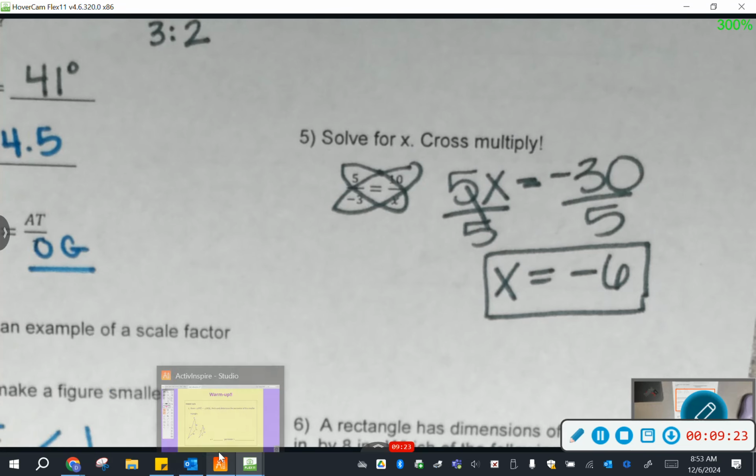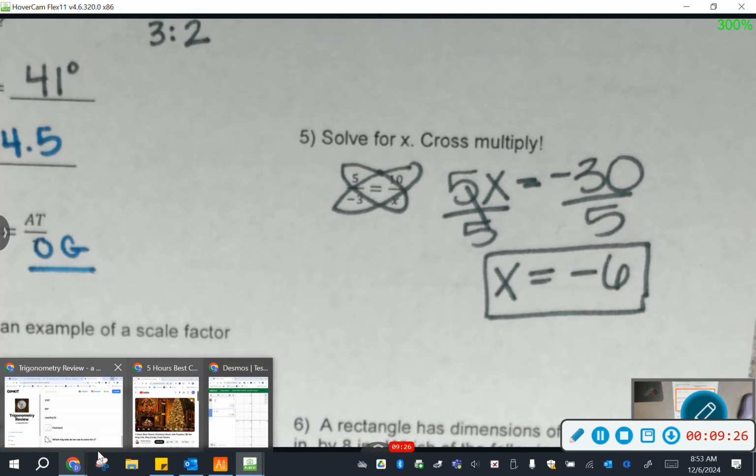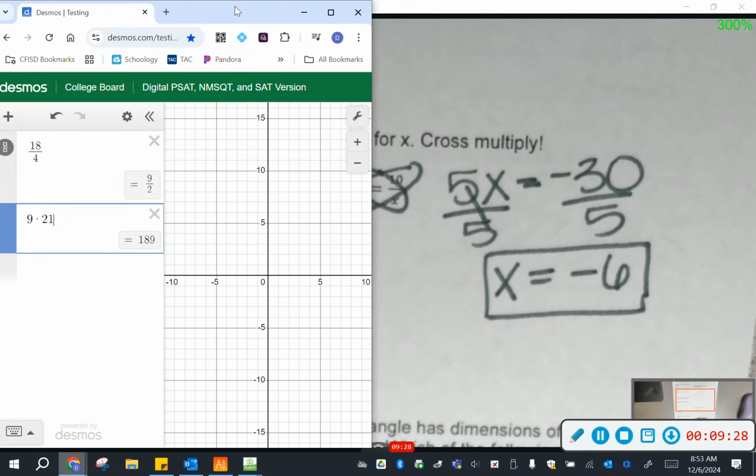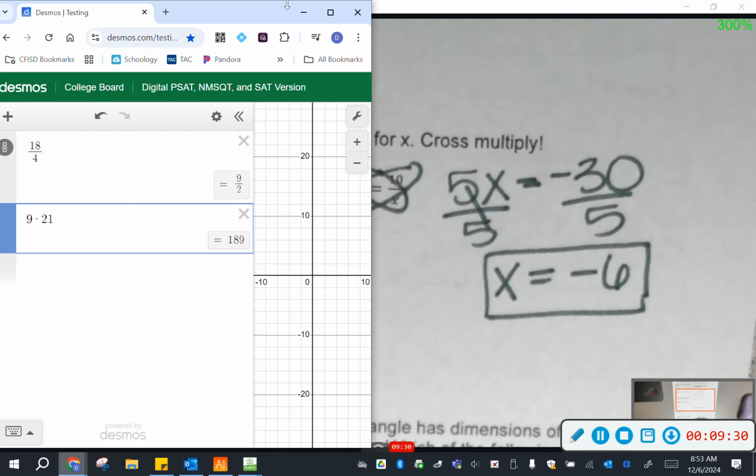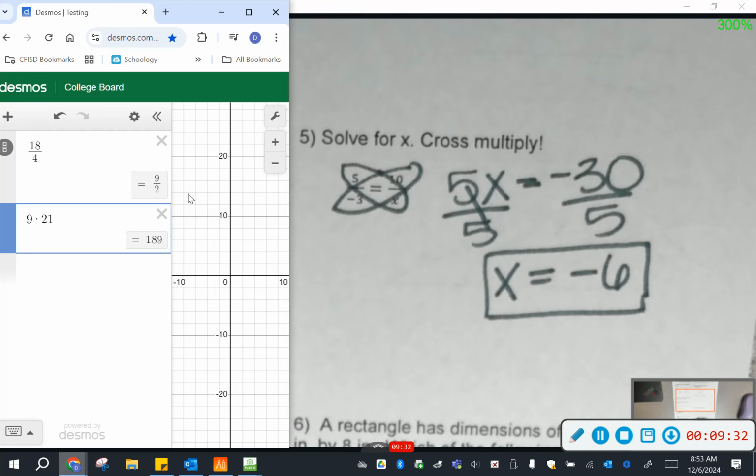So you're always going to multiply the two numbers that are across from each other. So right here, those two numbers are -3 and 10. And then you're going to divide by the number across from X.